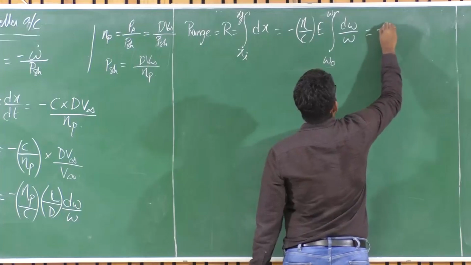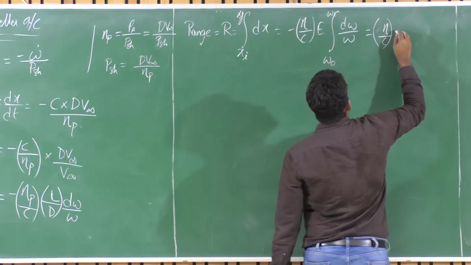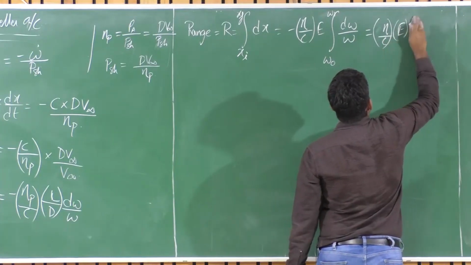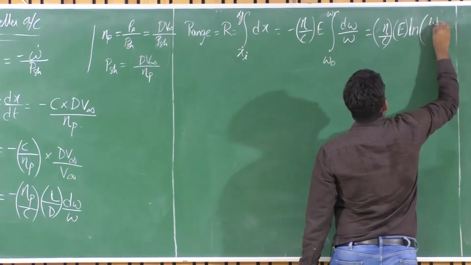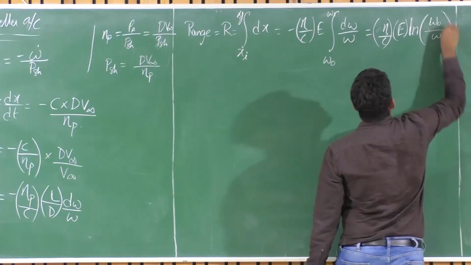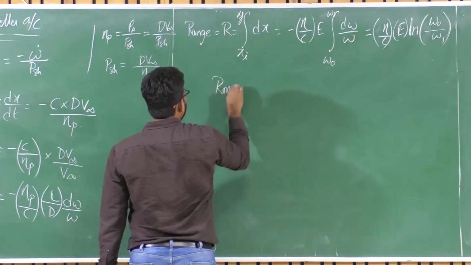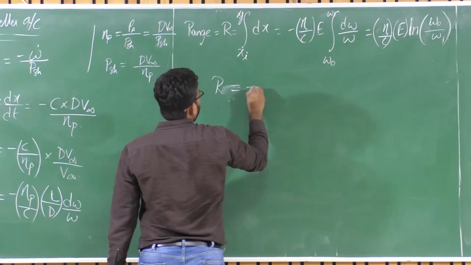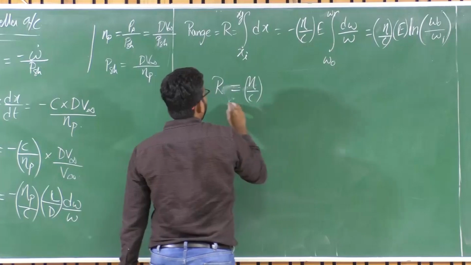This equals minus eta upon C, or say eta upon C, specific fuel consumption, times E times ln of W naught upon W1. Right, so this is our range equation, or say R is equal to eta upon C multiplied by E times ln of W naught upon W1.